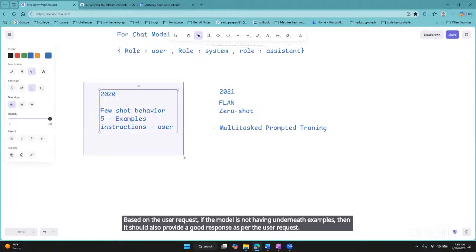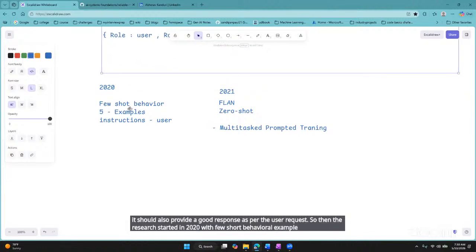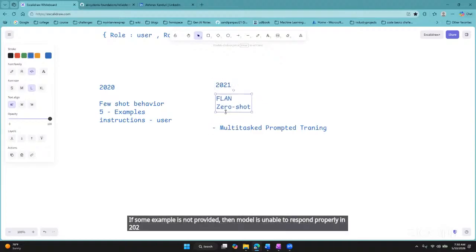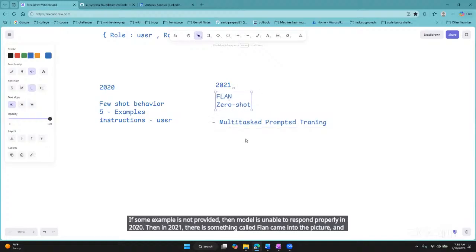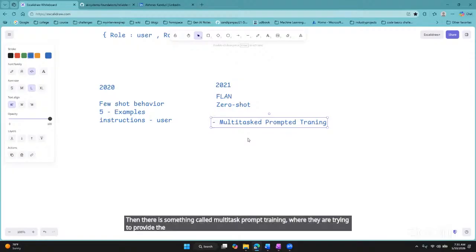So the research started in 2020 with few shot behavioral examples. Then they observed that if some example is not provided, then the model is unable to respond properly. Then in 2021, FLAN came into the picture and they tried zero shot learning, providing no examples, and it was successful. Then there is multitask prompt training, where they provide the data sets to improve the generalization which is held out of the task.